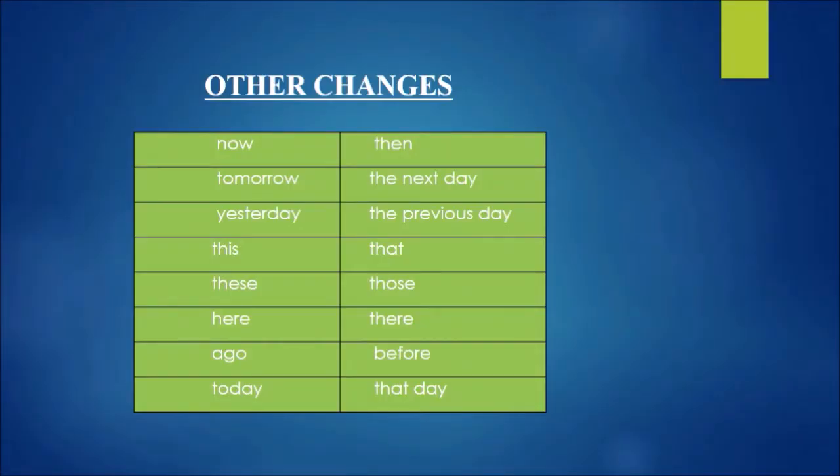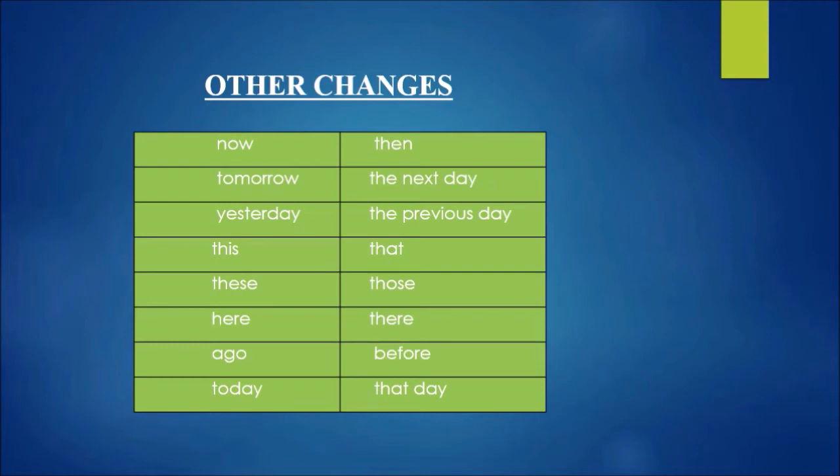Another important step in conversion is called other changes. When a direct speech is converted into indirect speech, time and space change, and so we have to make some other changes as well.